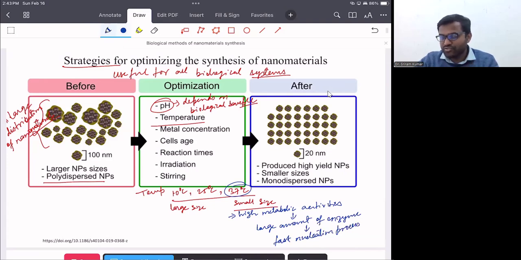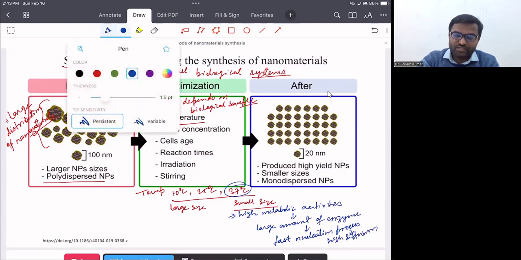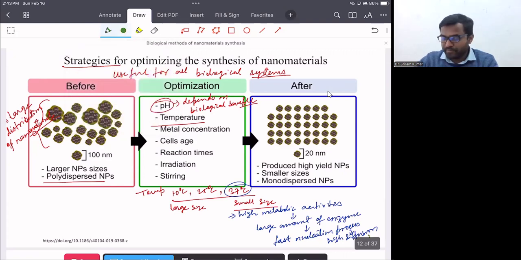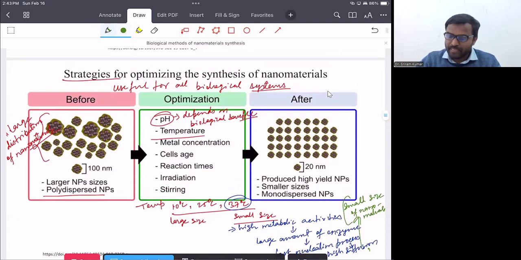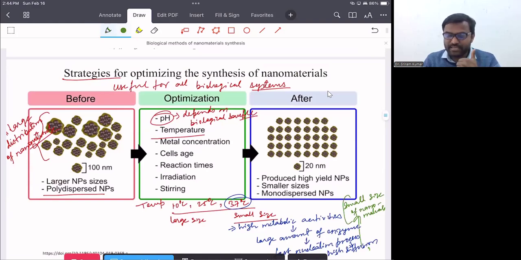If you have fast nucleation and high diffusion, that leads to a small size of nanomaterials. So these are the things that happen if you use high temperature as compared to low temperature. These are the things we need to control: at what temperature we should synthesize the nanomaterial.